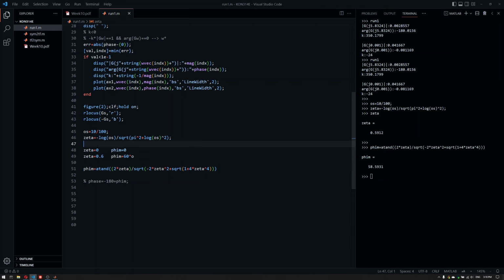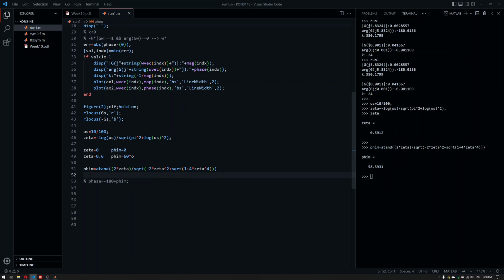And the search is going to be about this phi m, this phase margin, the distance from minus 180 degrees or the j omega axis. How far should we be away in terms of phase angle? We are looking basically at that. If we are on the right spot, then we should be good to go.